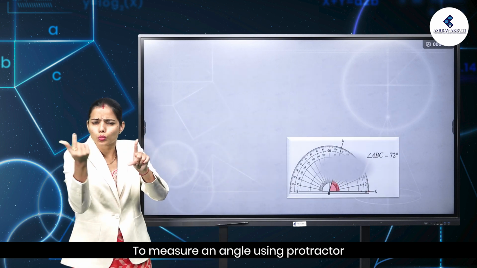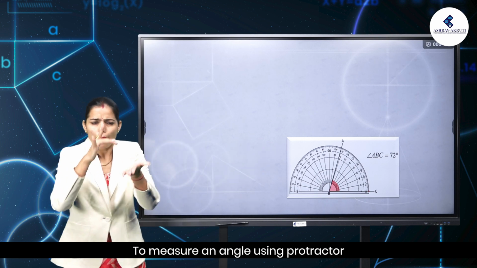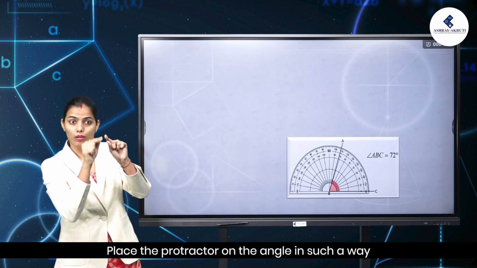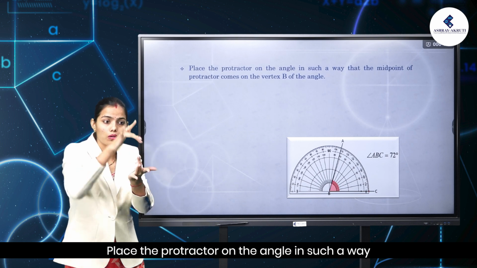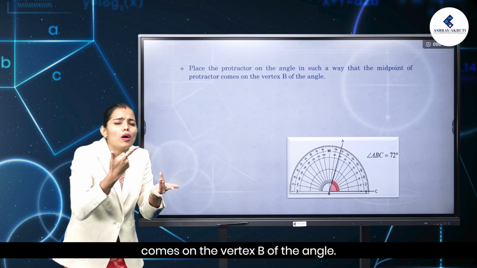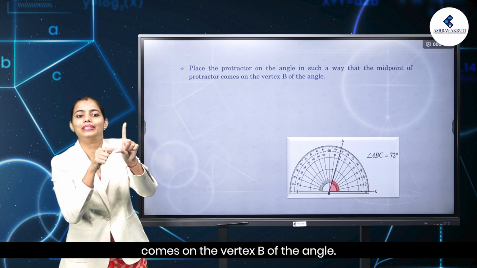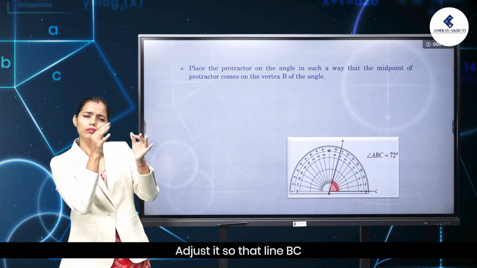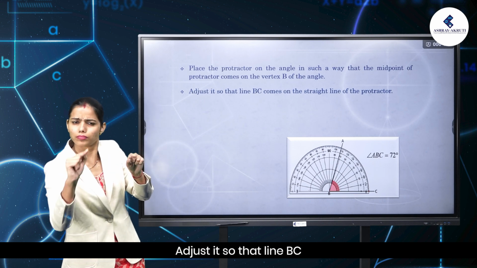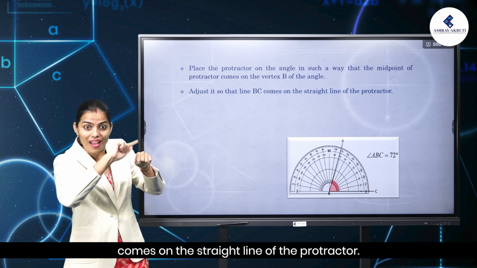To measure an angle using a protractor, place the protractor on the angle in such a way that the midpoint of the protractor comes on the vertex B of the angle. Adjust it so that line BC comes on the straight line of the protractor.